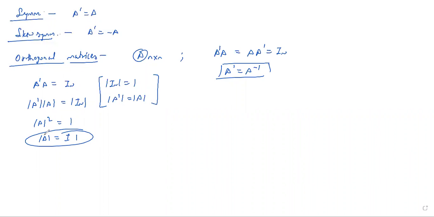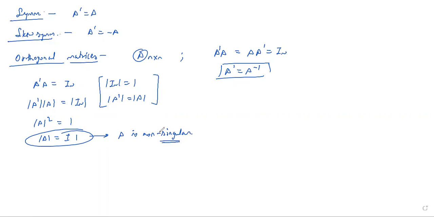So the determinant of an orthogonal matrix will be plus or minus 1, and so A is non-singular as its determinant is non-zero. Hence A is invertible.